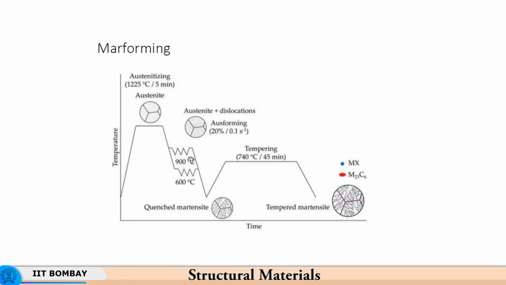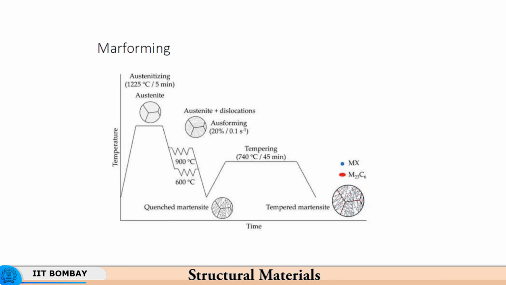If you quench it from this itself, then you get quenched martensite. But by deforming austenite at 900 degrees centigrade, what you will get is a high dislocation density and a very fine distribution of martensite.